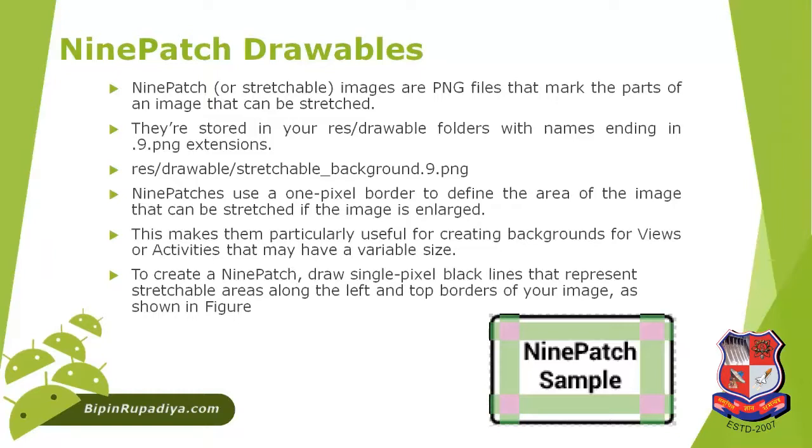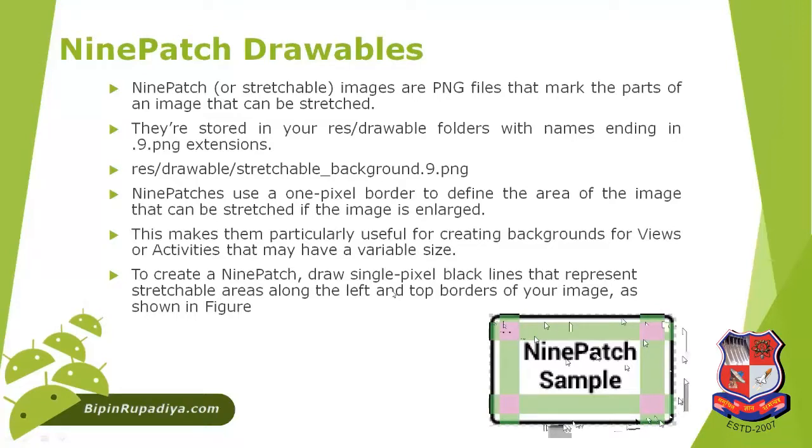Previously this tool was available in Android Studio, but nowadays if you wish to have this kind of file, you need to utilize a web utility. What you need to do is add a 1 pixel black border to your object. At the bottom I have given one file where a 1 pixel black border is specified.